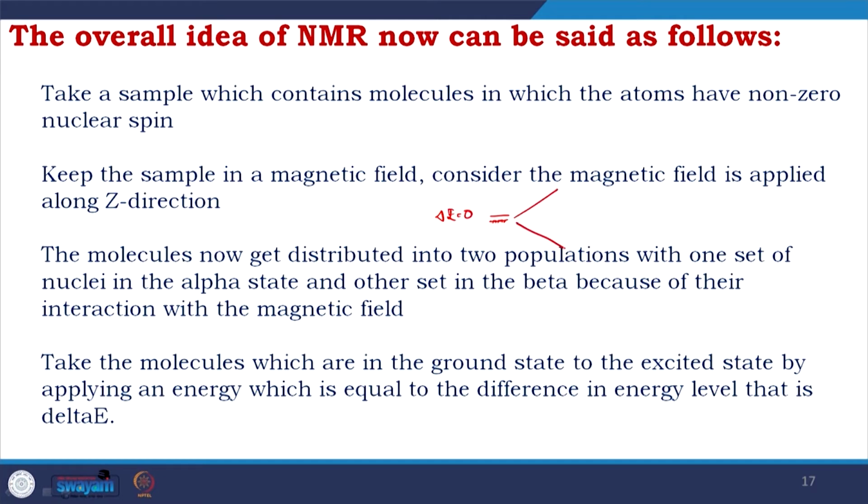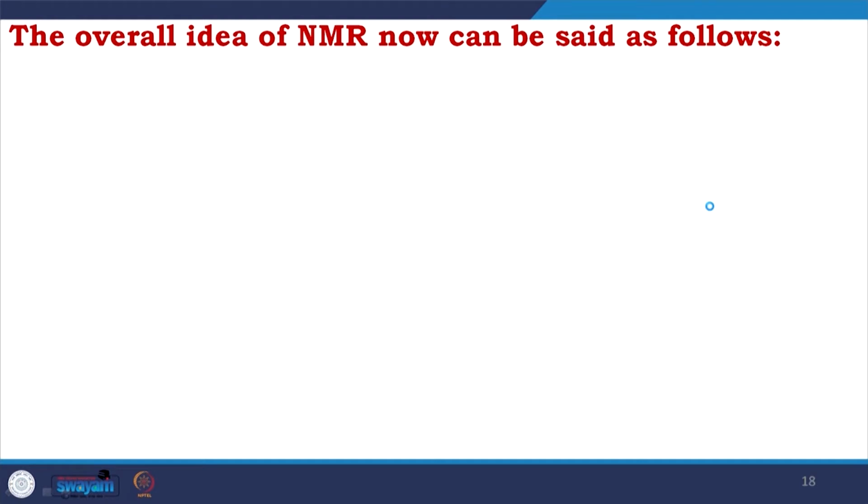Now, you apply energy. So, they are going to different places called alpha and beta, and now you have to put energy to match. That is what, more or less, the basic principle of NMR is.